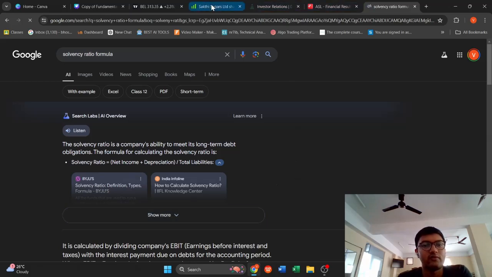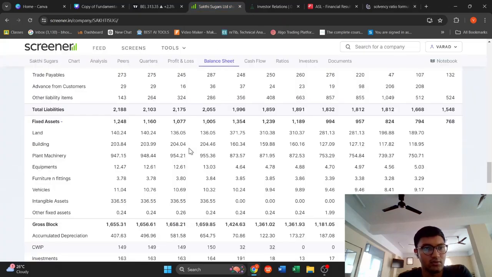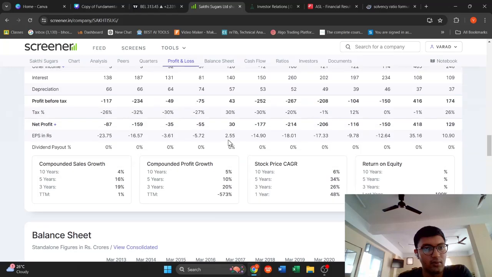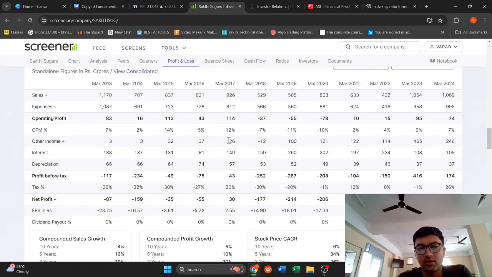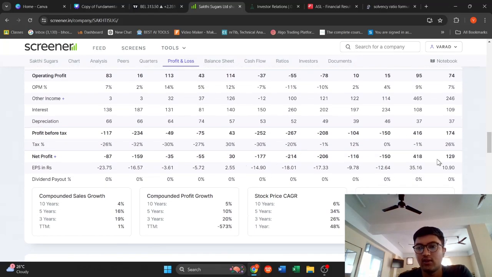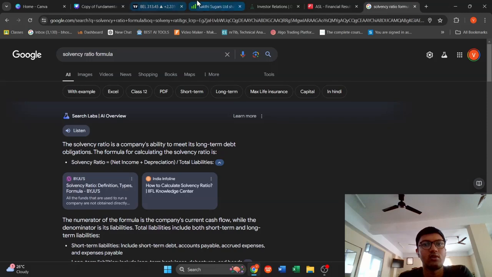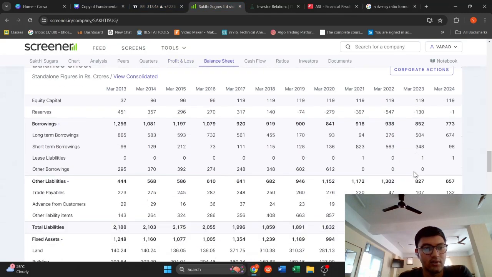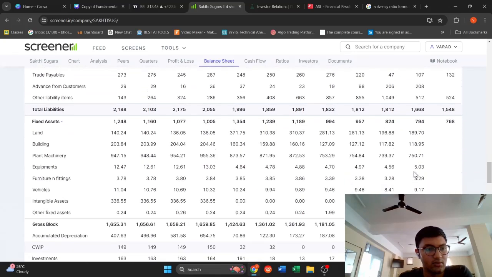So the amount of net income plus the depreciation. Net income in this case we'll get from the balance sheet; the net income they have at the end of the day is like 129 crore rupees, plus the depreciation.